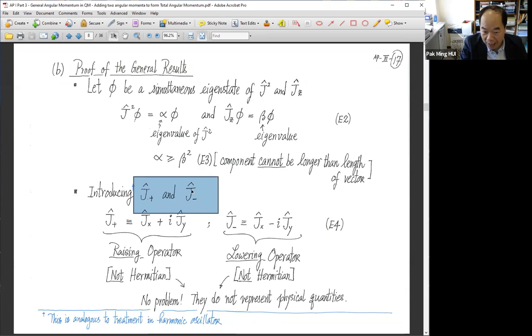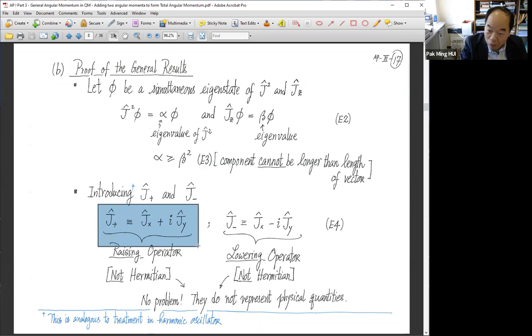J plus and J minus, the definition is very simple. We have Jx, Jy around, right? So J plus is defined as Jx plus i Jy, and J minus is Jx minus i Jy. That's the only difference. As a remark, these are physical things, X component, Y component, so they are Hermitian.